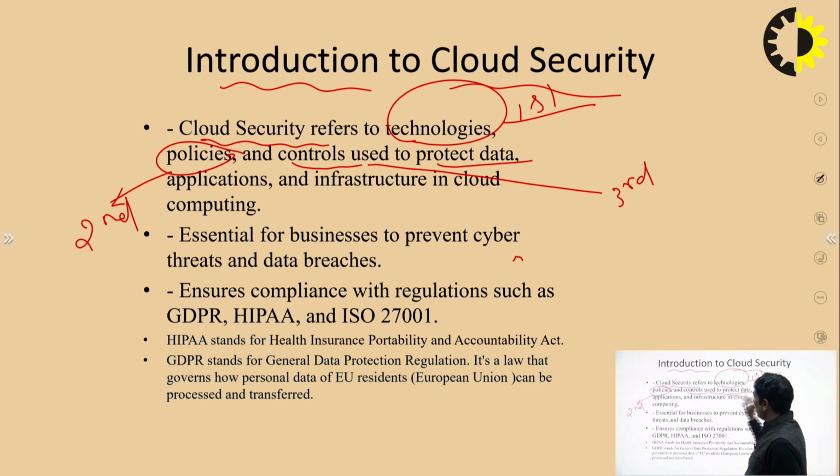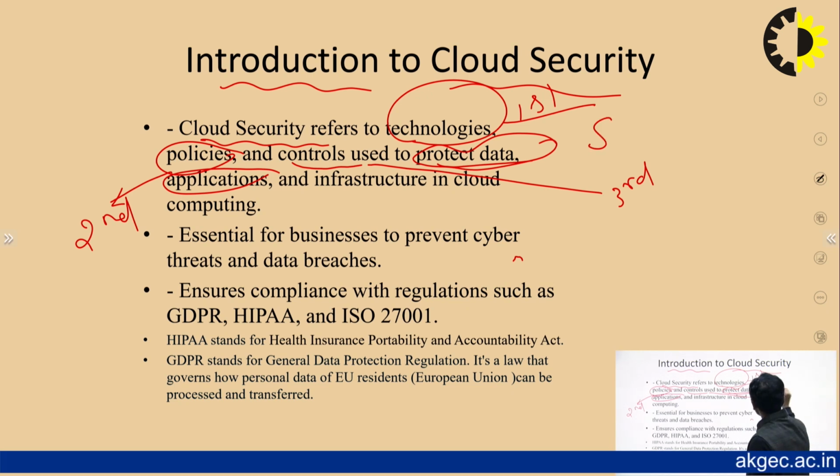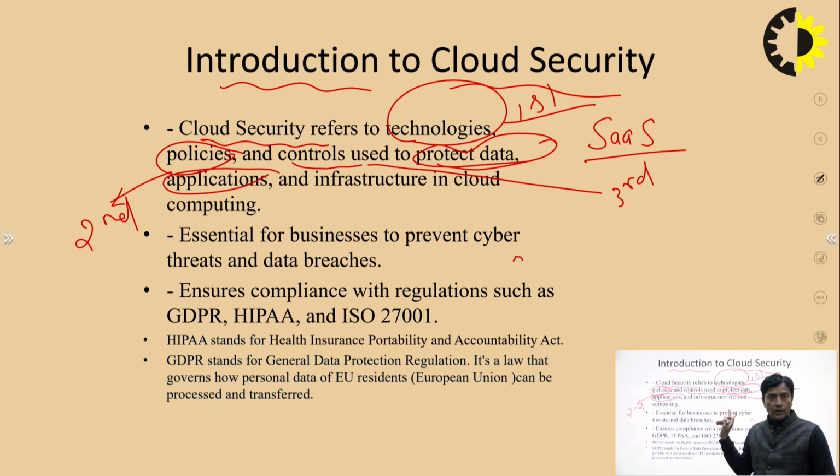To protect data and applications, which in cloud computing are commonly known as SaaS, software as a service. That means we are going to secure the SaaS applications, the software that we use from the cloud.